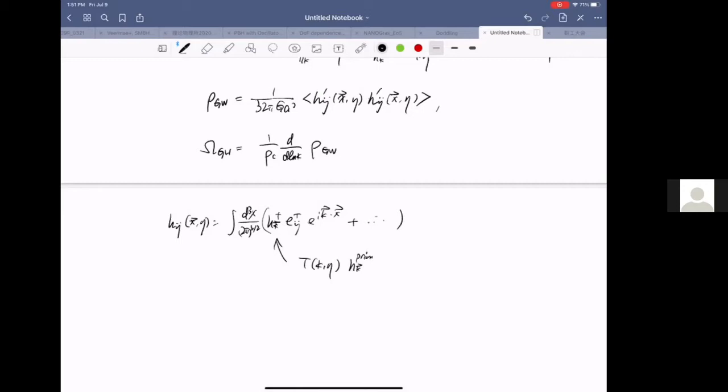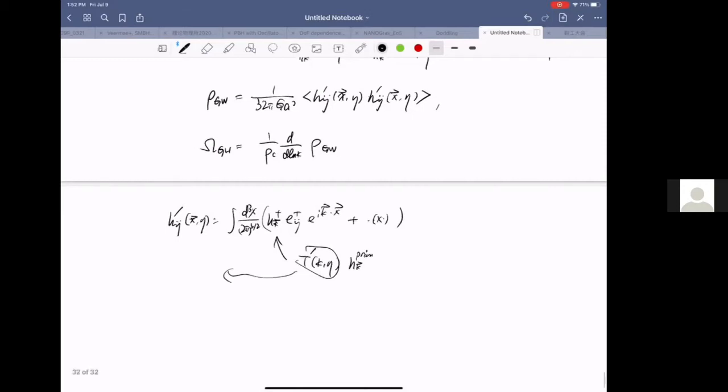Let's forget about the difference between the two polarizations, and suppose that the polarizations are the same. So then they share the same h_k primordial, and you have a transfer function here. And all of this time evolution comes from the transfer function. So if you have a prime, then it's just a prime here. You can write it down and move this out, and everything just goes into the direct definition.